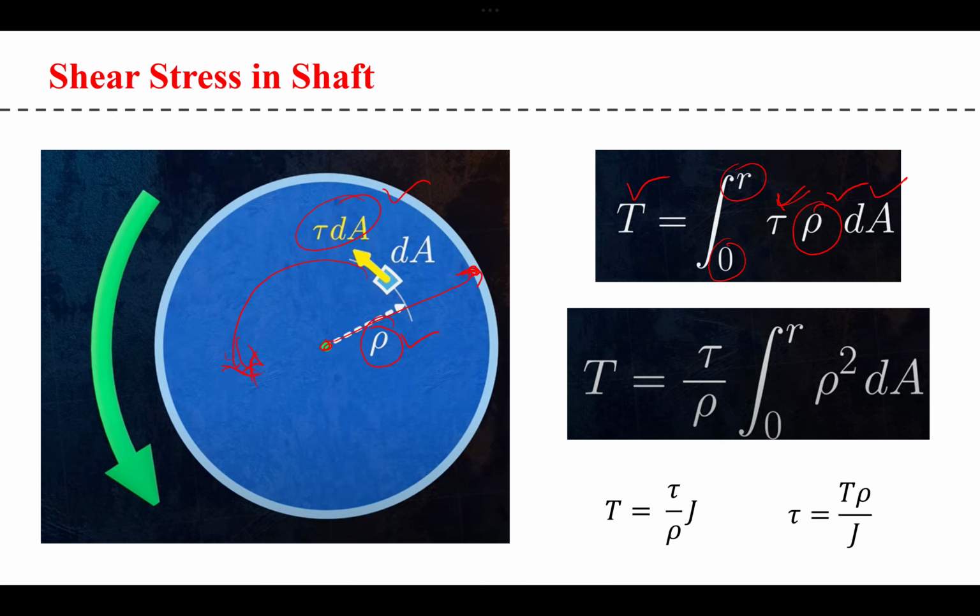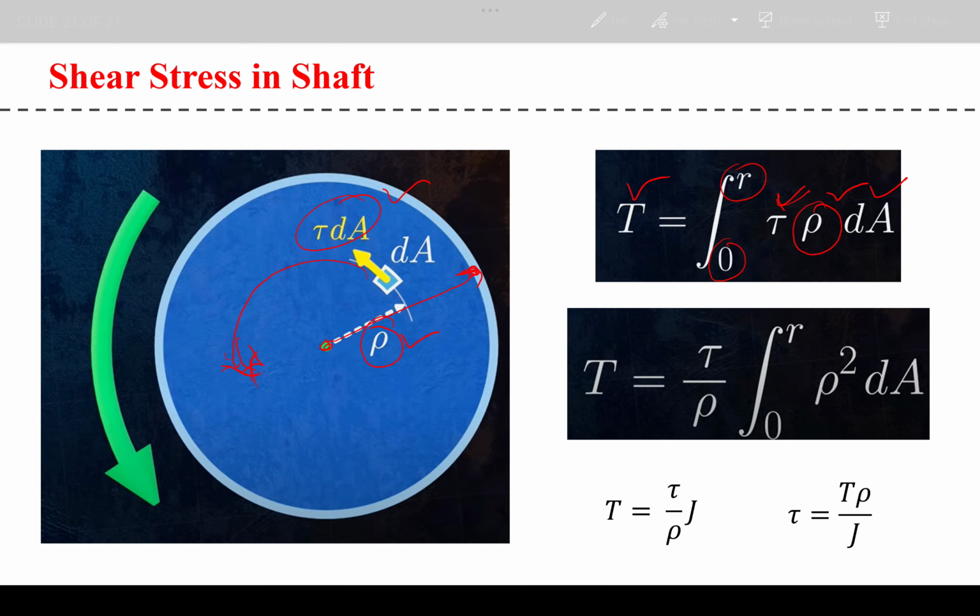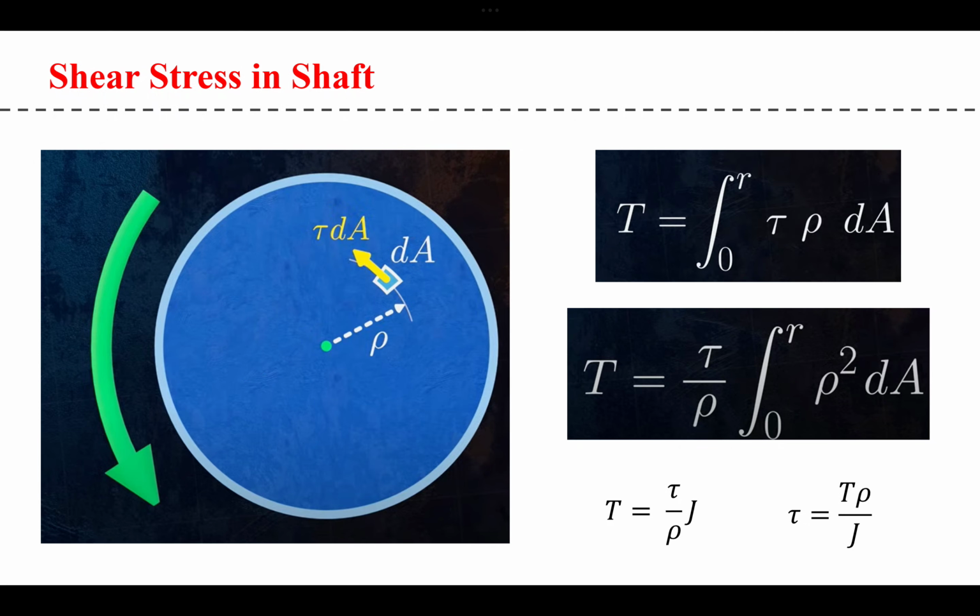Also, you can see that if you rearrange this specific equation, you multiply it by rho, so the top will become rho squared, and you also divide it by rho. After rearranging, you take the stress out, which gives you the stress over rho, but what you are left with is rho squared and dA.